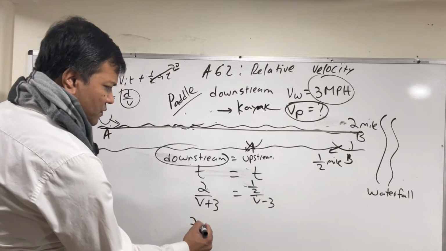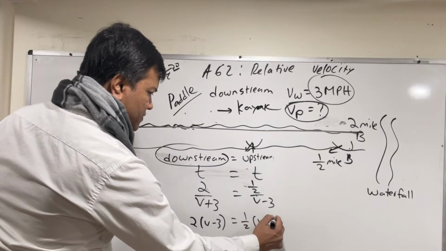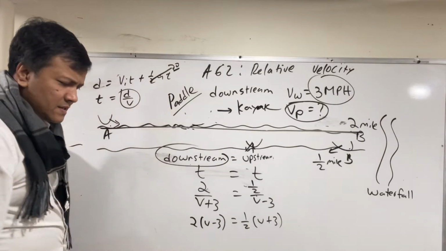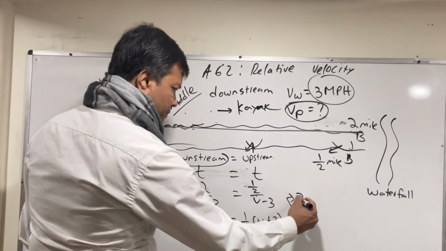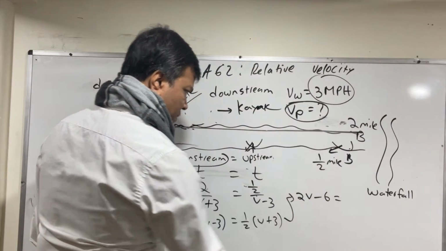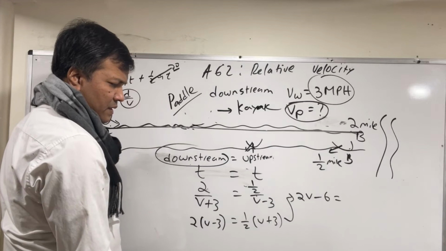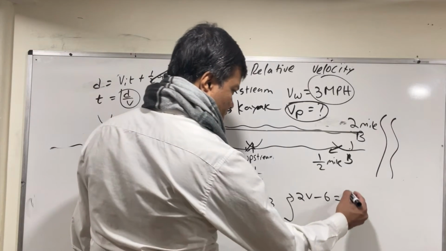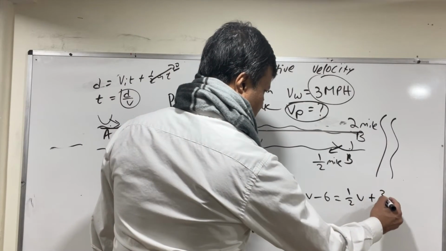So 2 times v minus 3 and half times v plus 3. If you do that, then you have over here 2v minus 6 is equal to half v plus 3 over 2.